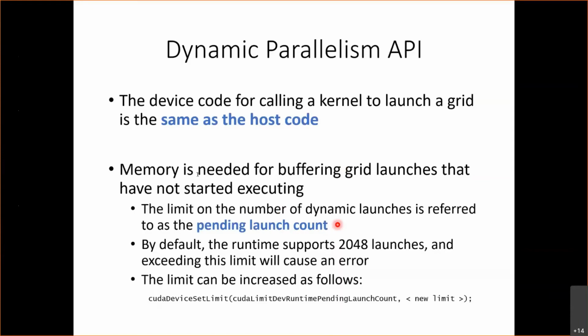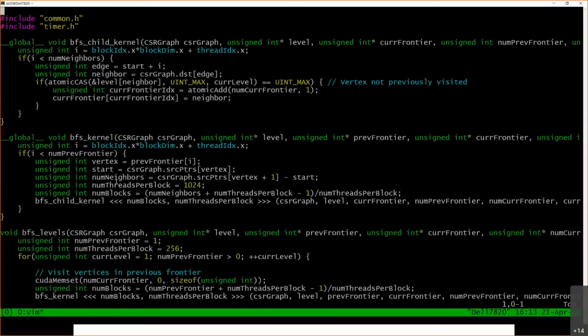Every thread performs a launch, so we could potentially have as many threads as we have vertices in the graph. My graph could have much more than 2048 vertices, so I want to increase my pending launch count to accommodate as many launches as I have vertices in my graph.